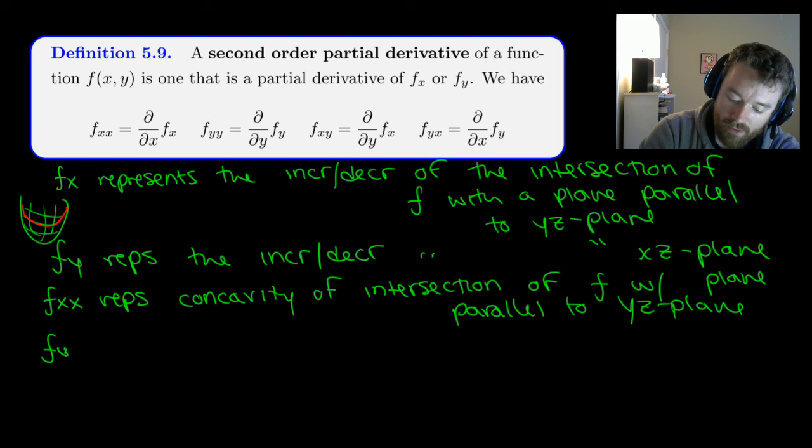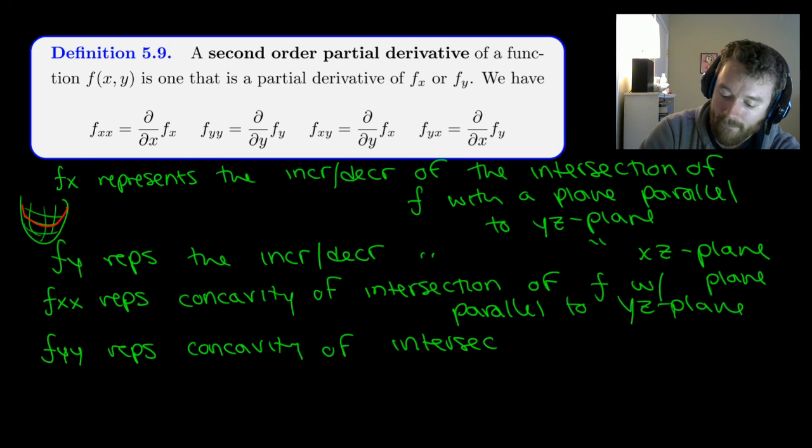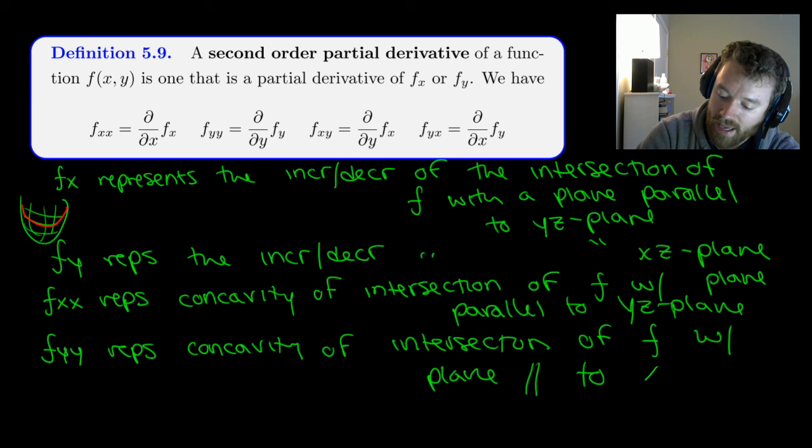And fyy represents the concavity of the intersection, again, this time of f with a plane parallel to the xz plane.